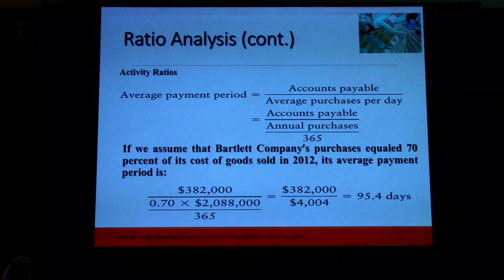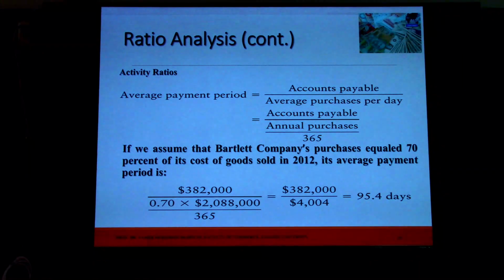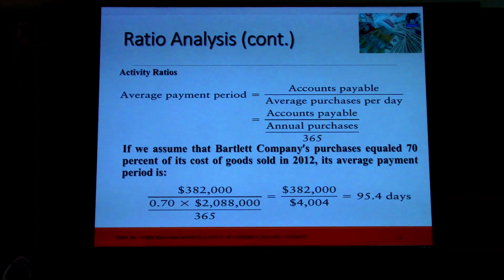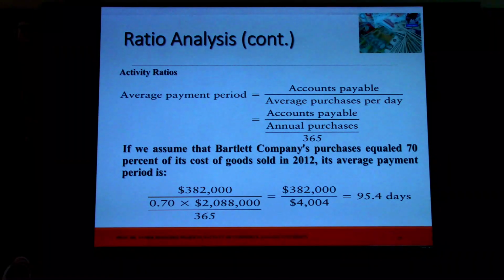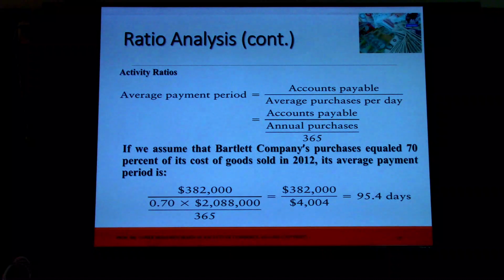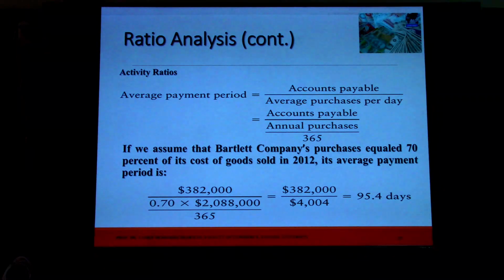Here we divide this, so this will give us 95.4 days. معناها إن almost every 96 days, كل 96 يوم, this firm is going to pay its debt, or to pay its accounts payable. Whether this is good or bad, we also need to compare it with industry average or benchmarking or using time series analysis.